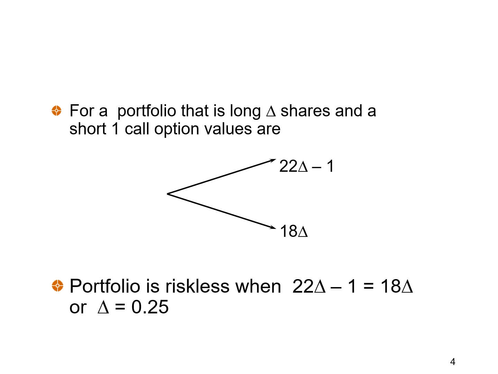From this equation you get that delta is equal to 0.25 when you solve for delta. And I'm going to explain to you a little more as to why this would be riskless in the subsequent slides.